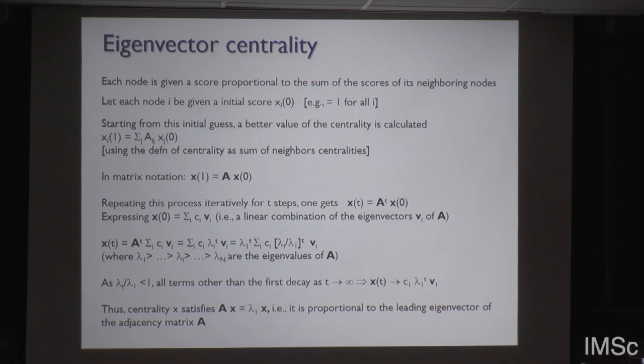Because now what will happen is, you're right, in the first round, it will just be the degree. But in the next round, suppose I'm connected to, let's say, 10 nodes, but each of those 10 nodes have no other connections, or very few connections. So that would contribute a very small factor to me.